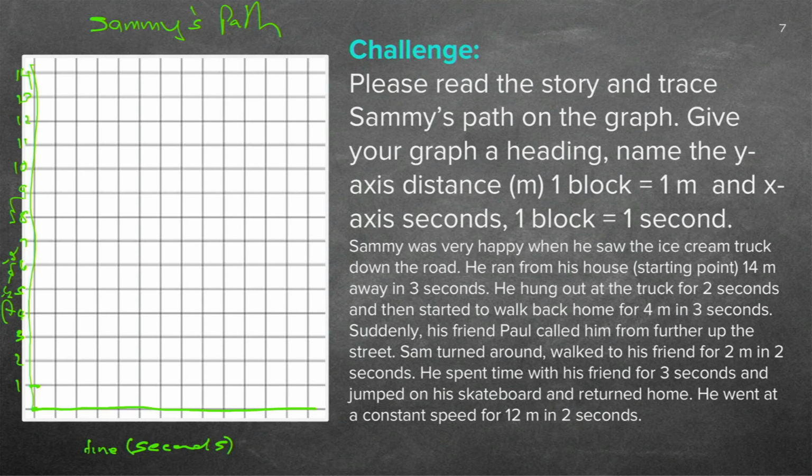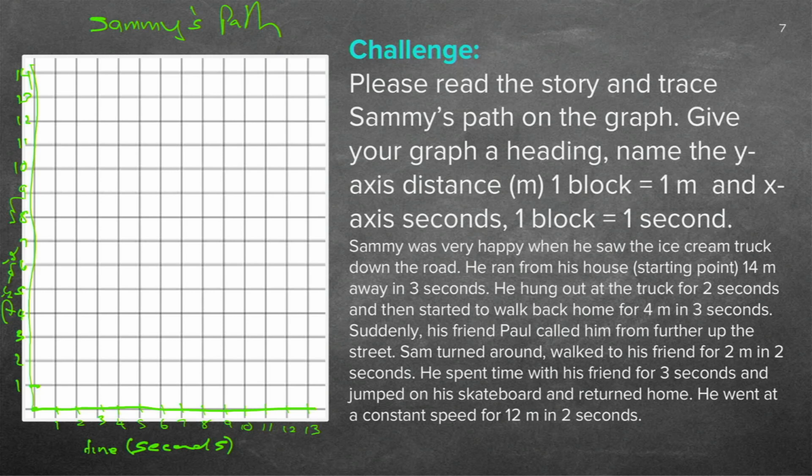And our second is also 1 second is like 1 block. So it's 1, 2, 3, 4, 5, 6, 7, 8, 9, 10, 11, 12, and 13. So you've got your paper ready. Now let's read the story.